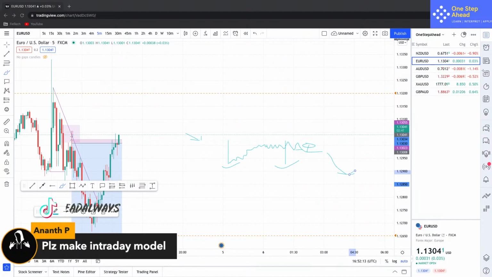The scalp is risking more, because you're taking too many trades. But with swing, you take the trade and just hold, and you do your own things, whatever you have, school, college, job, and you just wait.